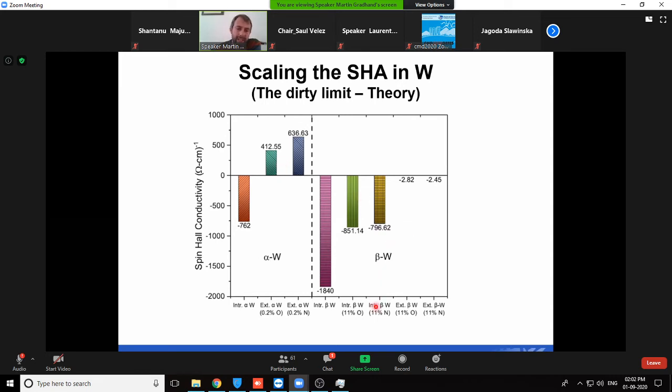Then we calculated still intrinsic contributions, but with a large admixture of oxygen, and you can see this actually reduces the spin Hall conductivity for beta tungsten, while at the same time the pure extrinsic skew scattering contributions you can completely ignore. They are not even visible on that scale. So there is no extrinsic contribution in beta tungsten really at these impurity concentrations.